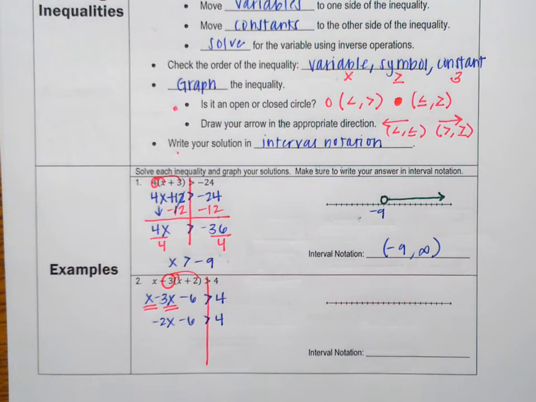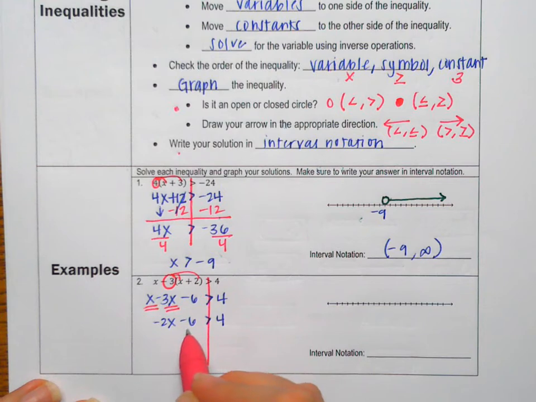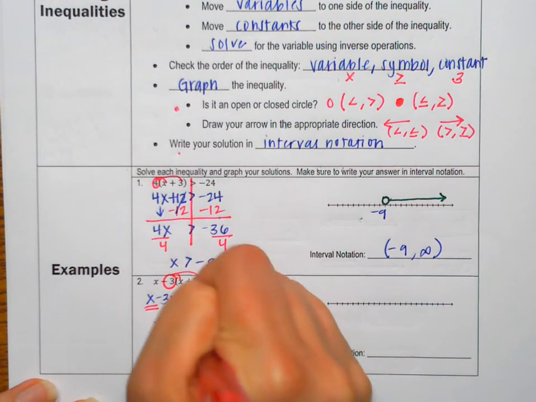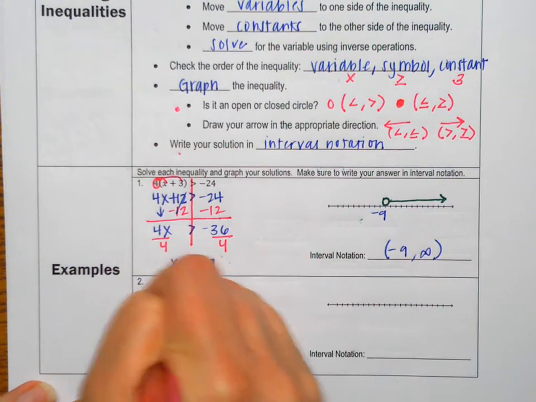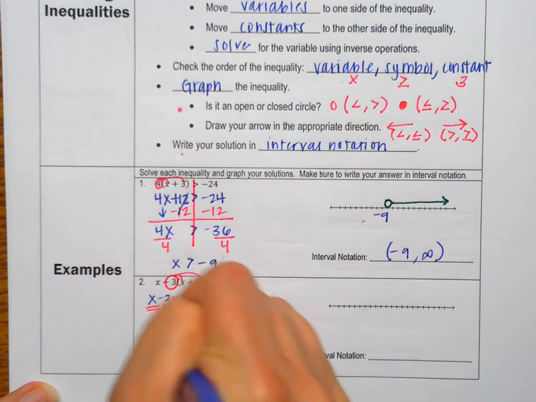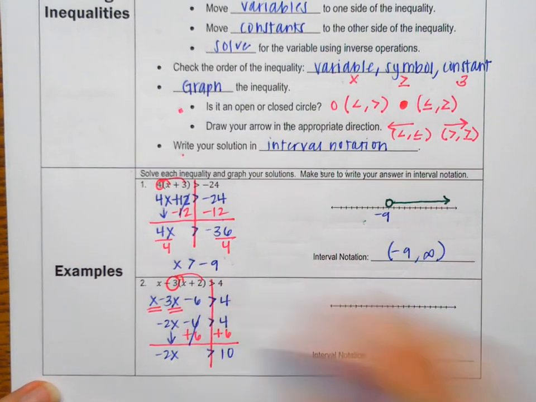Now I'm at a similar problem to the one up here. I want to undo anything that's being added or subtracted. We have a minus 6, so to undo that, I'm going to add 6 to both sides. I bring down my negative 2x. Negative 6 plus 6 is 0, greater than 10.